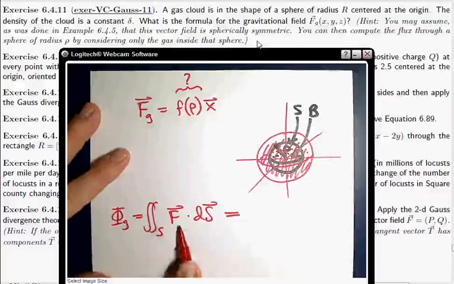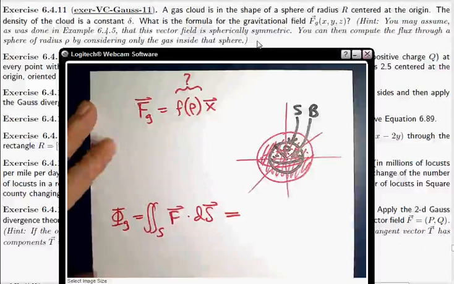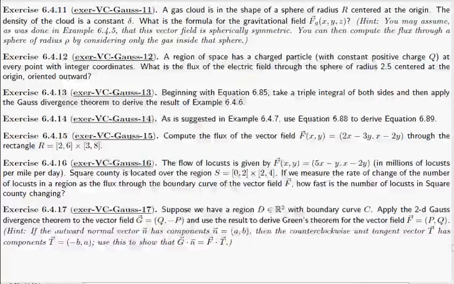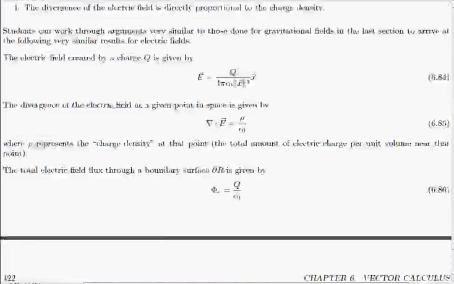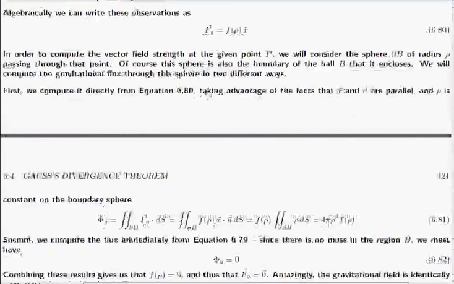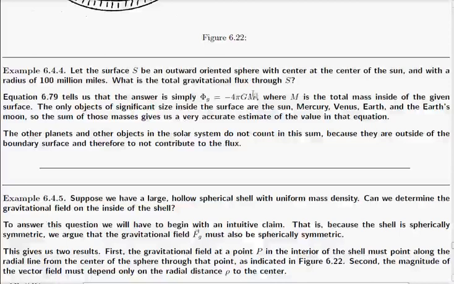We have a handy-dandy formula: the gravitational flux can be computed from mass density, and it's negative 4 pi G M. That comes out of the fact that the divergence of the gravitational field is mass density. Do you remember that one?